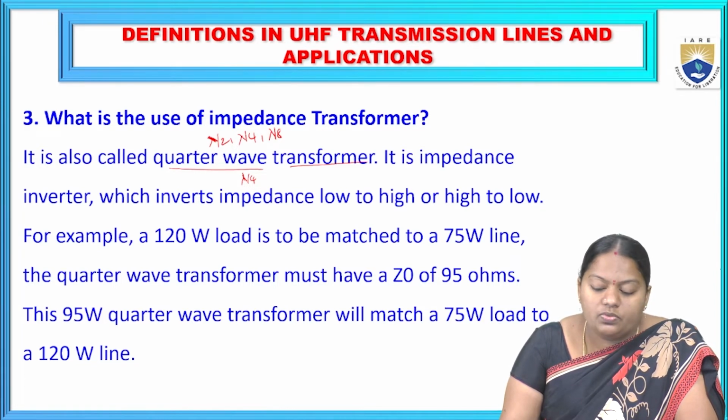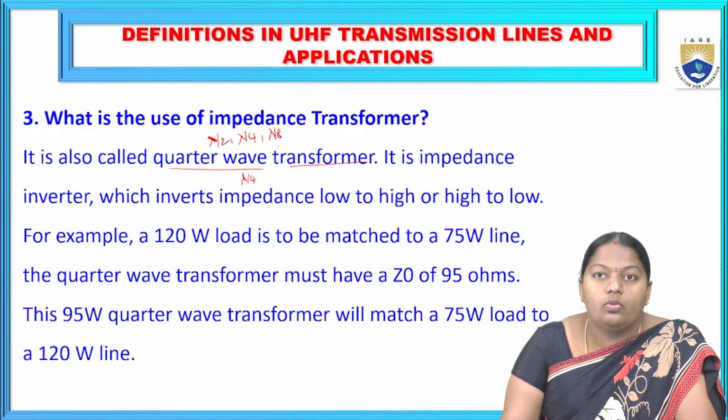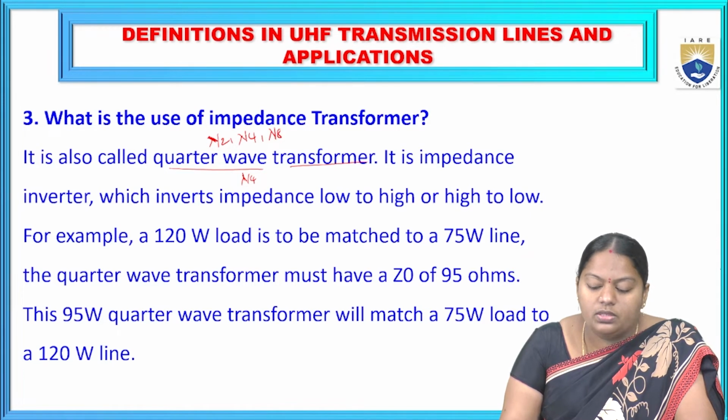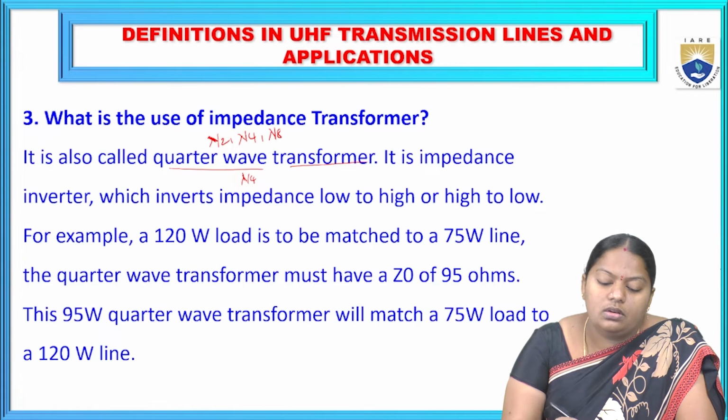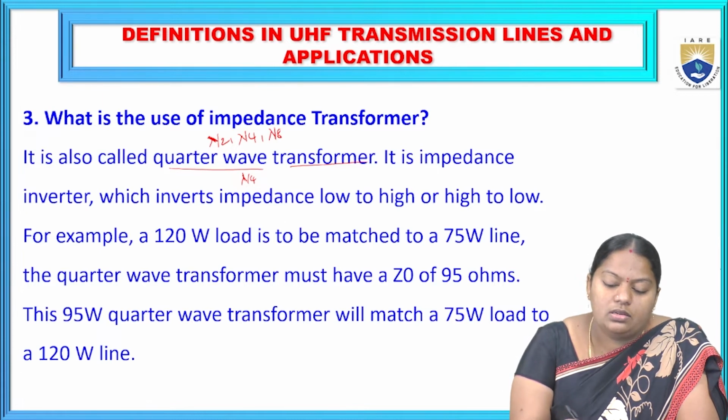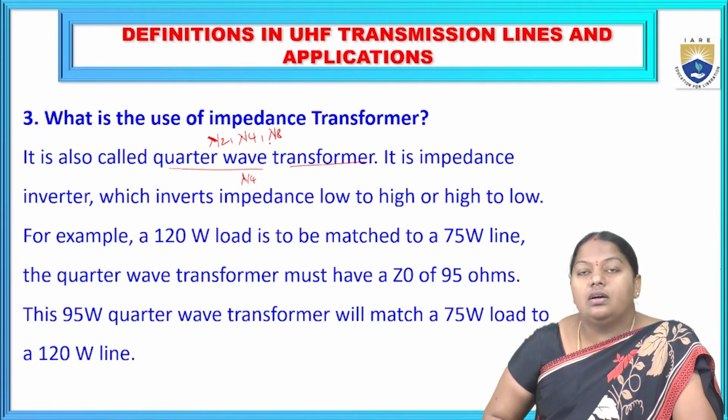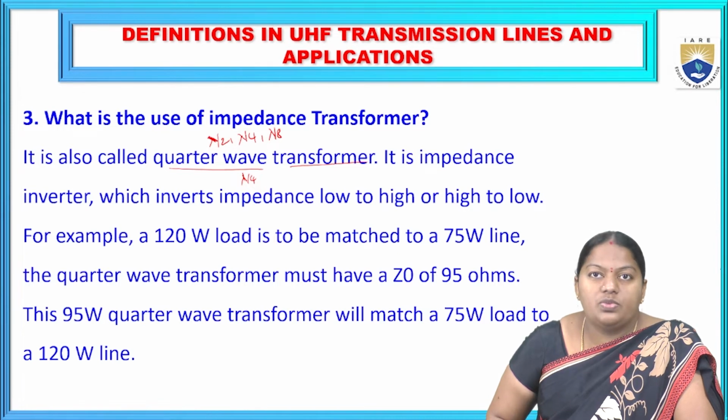The quarter wave transformer must have a Z naught of 95 ohms. Similarly, this 95 ohm quarter wave transformer will match a 75 ohm load to a 125 ohm transmission line. So this we analyzed for different wavelengths of transmission lines.